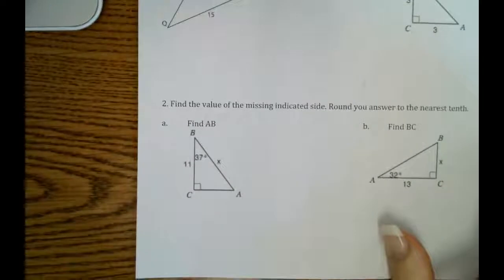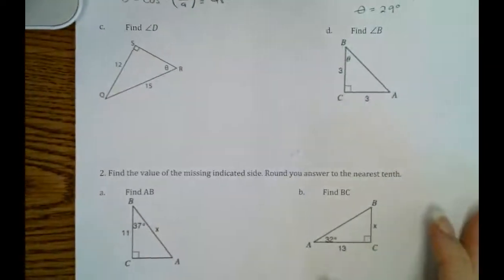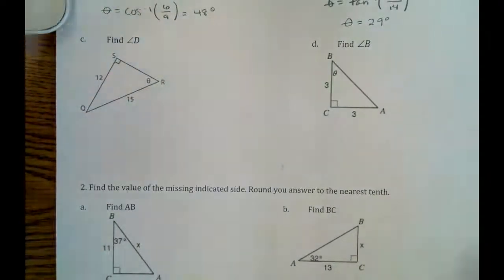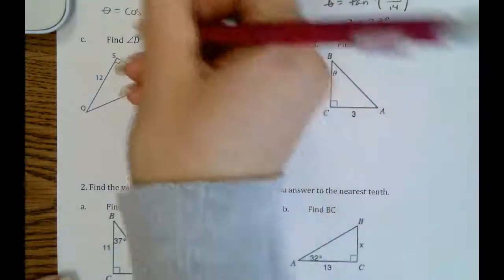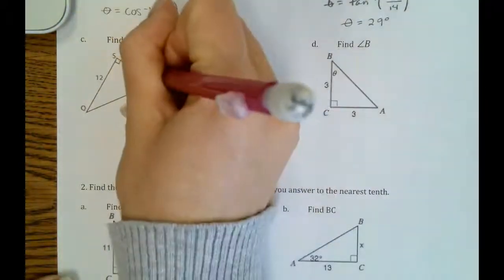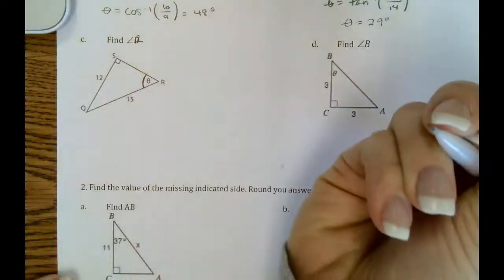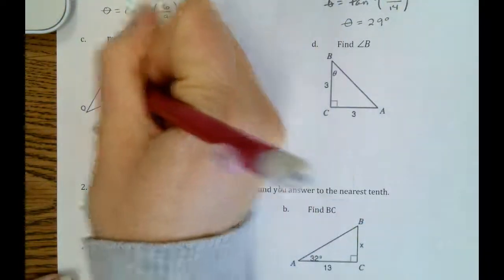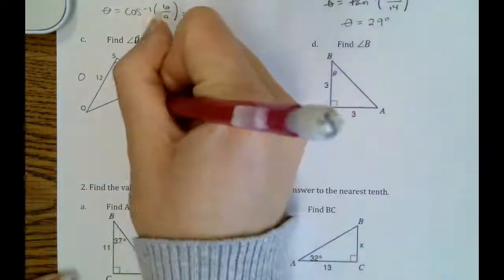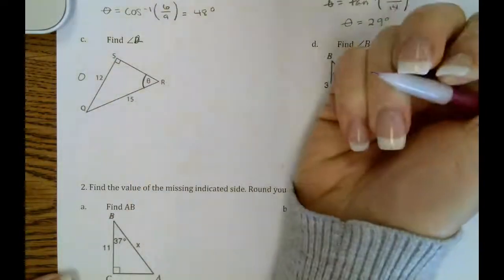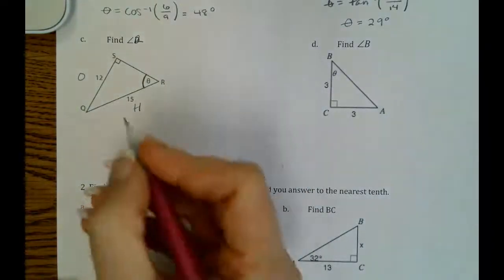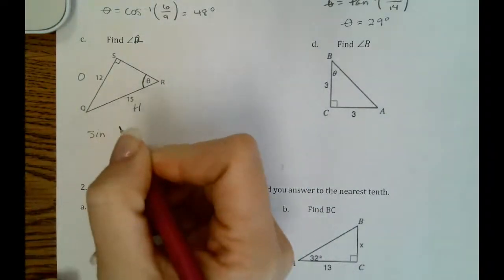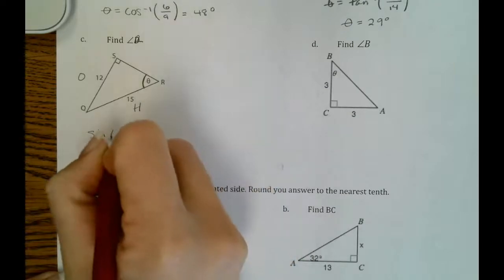Okay, letter C. Okay, here we're looking, I think this should say angle R. So here we're looking for angle R. Okay, 12 is opposite of angle R. 15 is the hypotenuse because it's across from that 90-degree angle. So O and H means that we're using the function of sine.